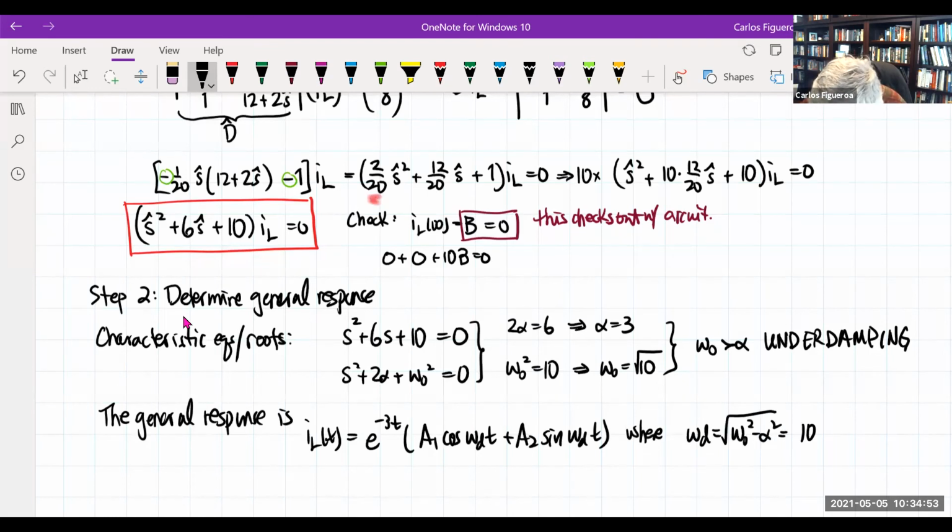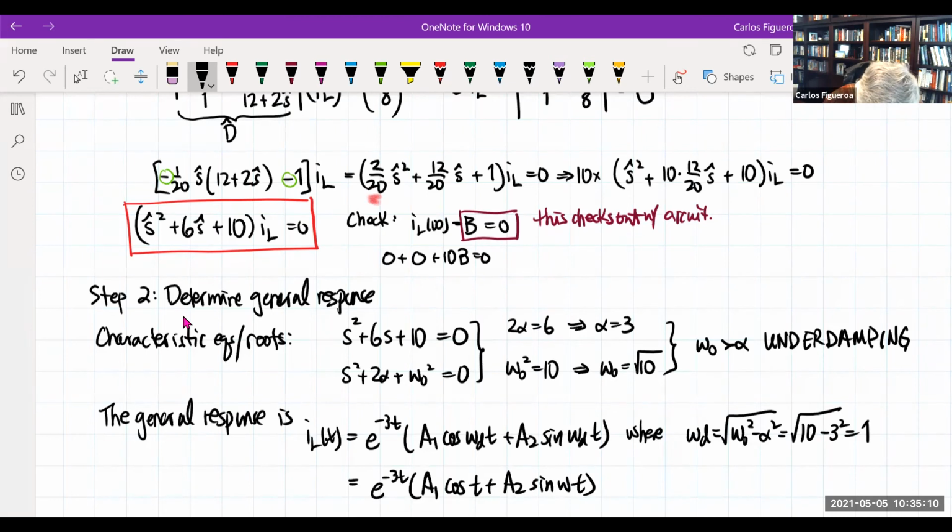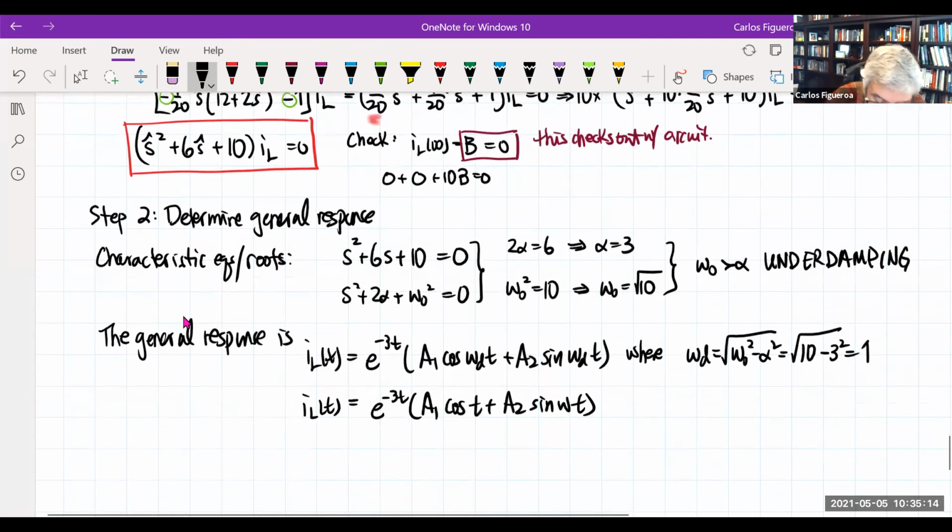Oh, the numbers turn out nice: 10 minus 3 squared, so that's going to be 1. So that's sweet. Now I can write this out, and here's our general response.